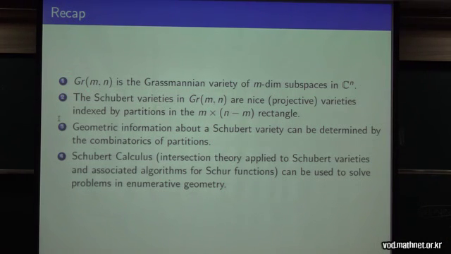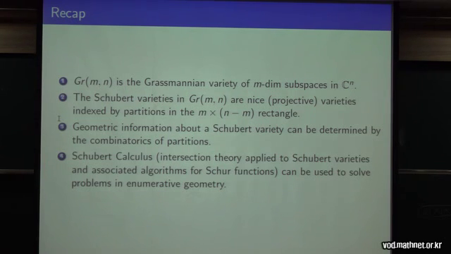The Grassmannian is a variety of m-dimensional subspaces in C^n, and there are nice Schubert varieties indexed by partitions in this rectangle. You can get geometric information like the intersection number in terms of combinatorics of partitions, like I just did, and the Schur function plays an important role in the Grassmannian case.